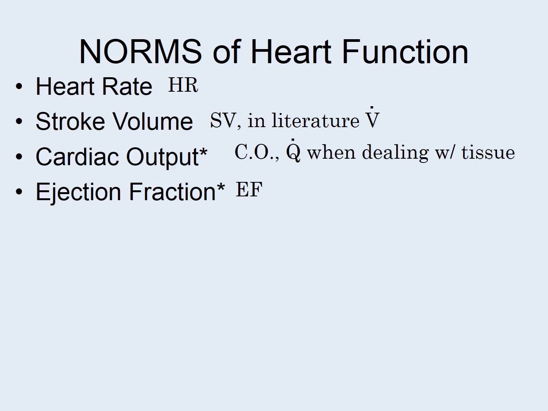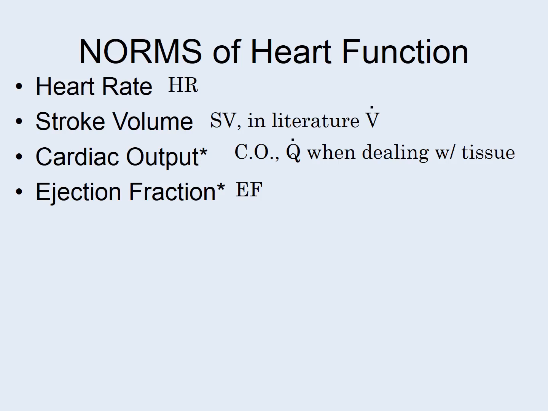We next have measures of overall heart function, which is cardiac output and ejection fraction. Cardiac output, which is mathematically abbreviated C.O., we will see in the literature as what's referred to as perfusion, Q with a dot over it.